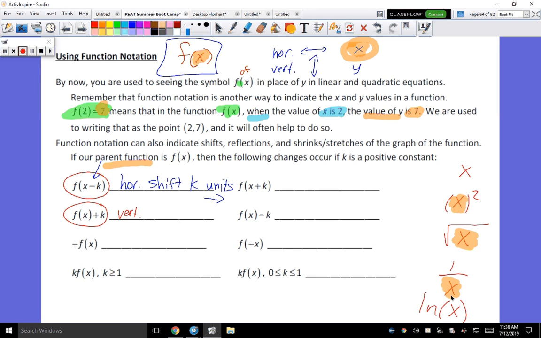This means inside with the x. This inside means horizontal change inside with the x. Does that make sense? Anything outside of that, like over here or over here, is y. Over here or over here is y.